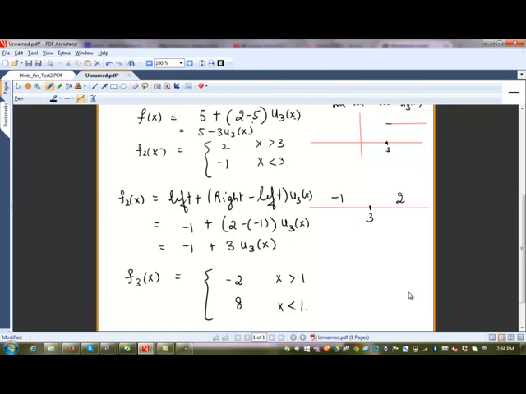Done. So draw real line. If this, oh no, accidentally my hand just minus 2 when x is bigger than 1, 8 when x is less than 1.